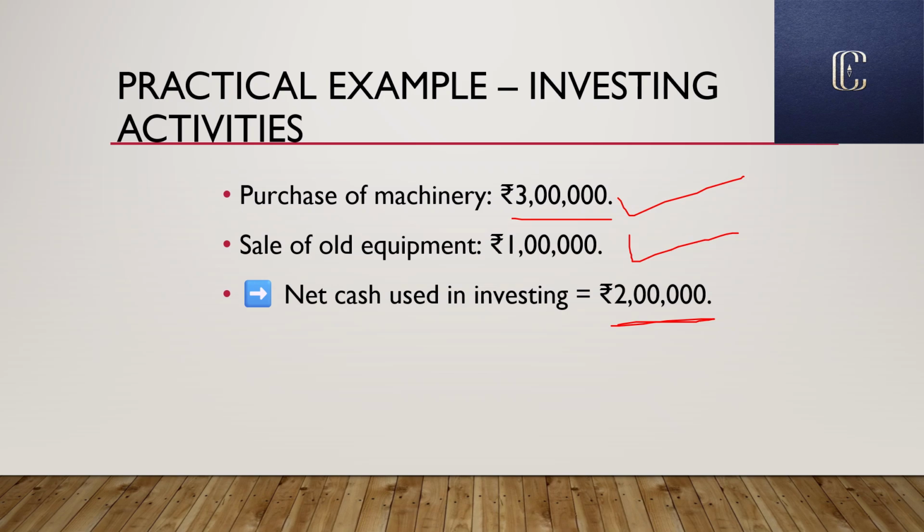Easy logic to remember: buying an asset, cash goes out. Selling an asset, cash comes in. Investing activities help us understand company expansion, asset purchase or sale, and long-term investing decisions.